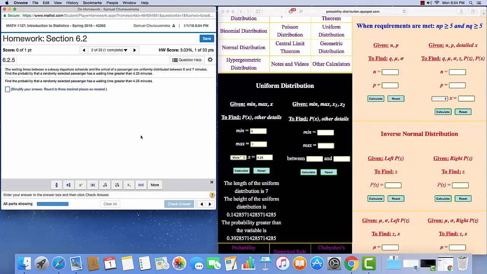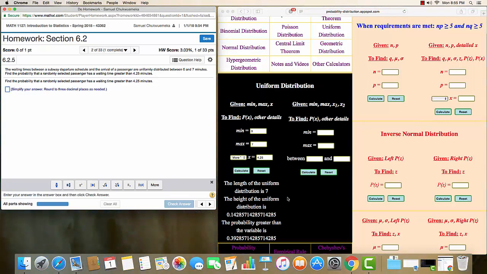So the probability, with my calculator, I provide more details. That's the thing. I write these calculators so that if this was a traditional classroom, some professors will want you to find the length first, then the height, before you do the probability.